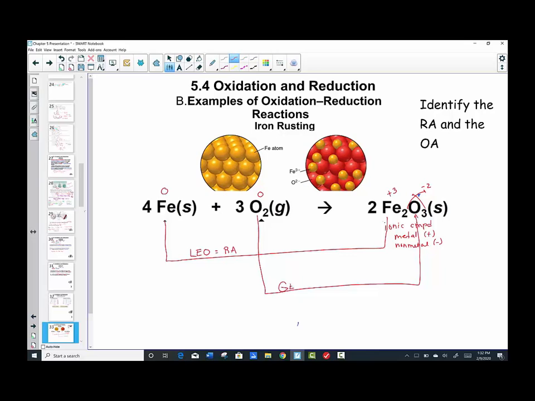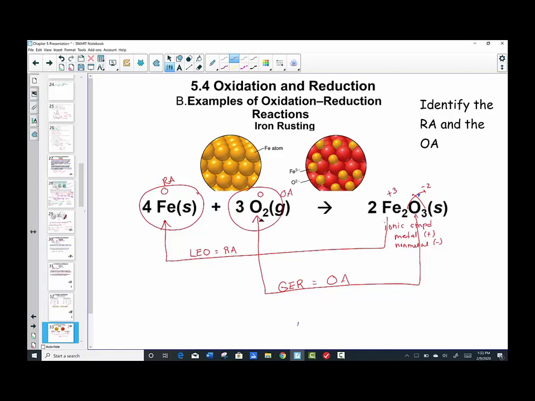Becoming more negative is a reduction. Gaining electrons is reduction. So therefore, since oxygen was reduced, it is known as the oxidizing agent. Iron, the reducing agent. Oxygen was the oxidizing agent.